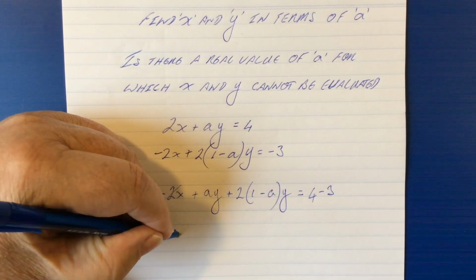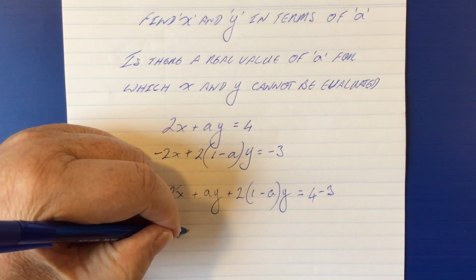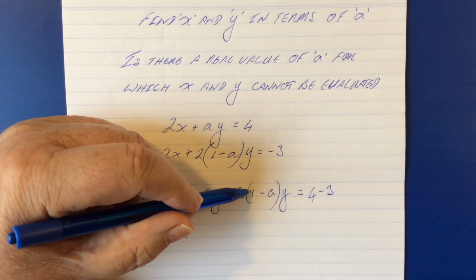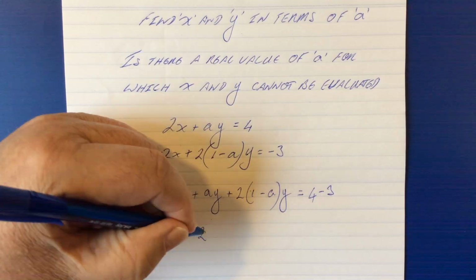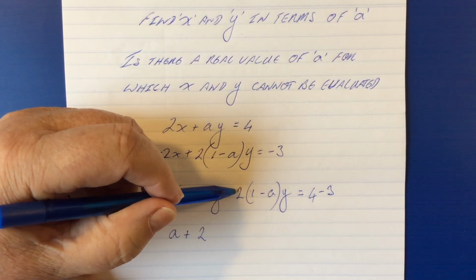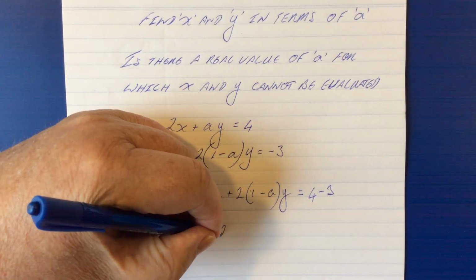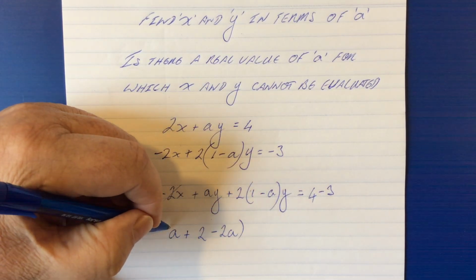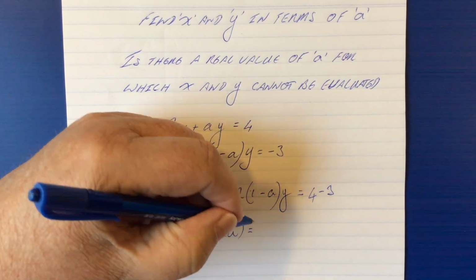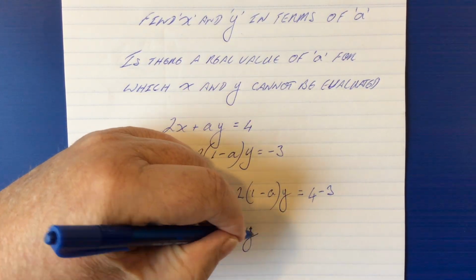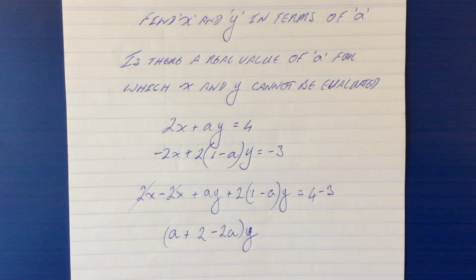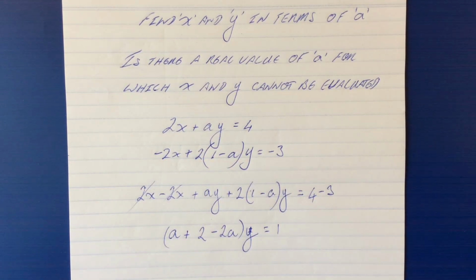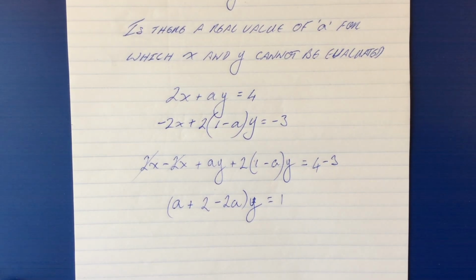We get a plus, so that's that a, plus 2 times 1, which is 2, minus 2a, and all of that can be multiplied by y, and that can equal 1.